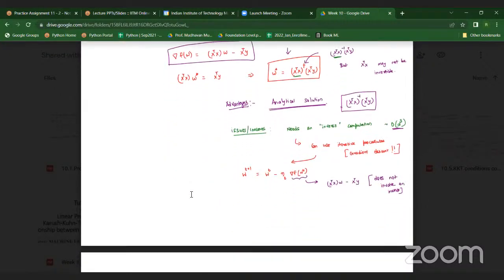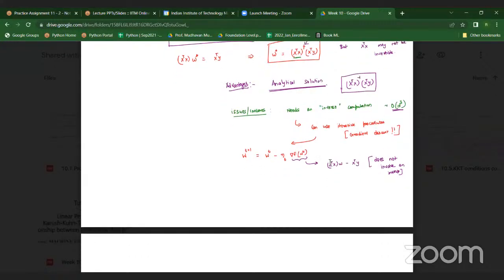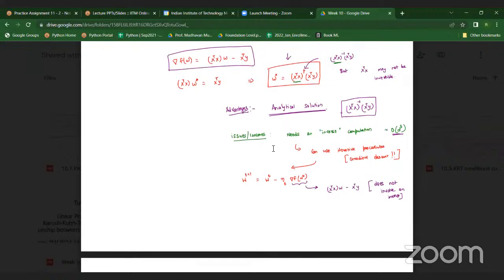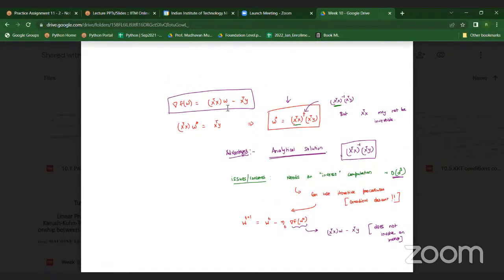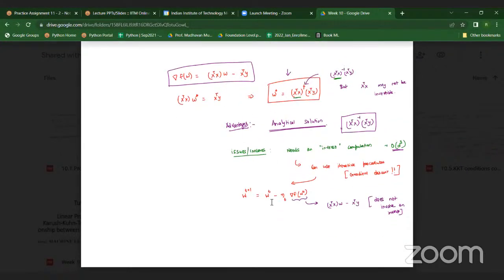So what is this gradient descent method? We know it is an iterative process: we assume WT plus 1 equals WT minus step size eta t times the gradient of f. This gradient of f is easily computable: x transpose x w minus x transpose y, and WT is the weight vector at the tth iteration.